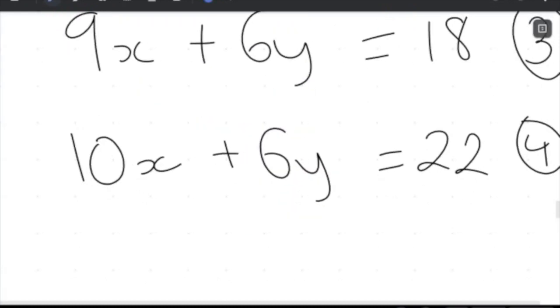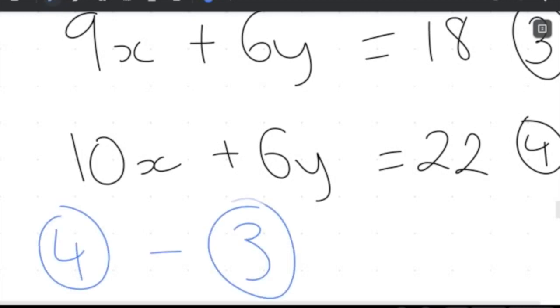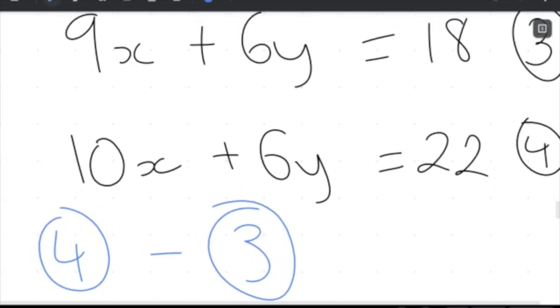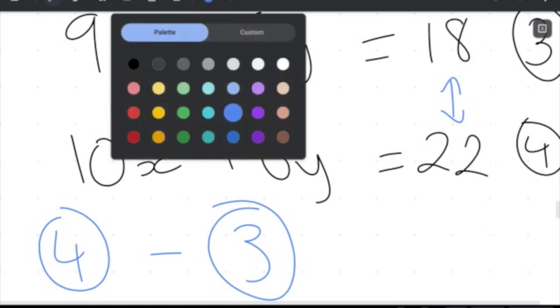So I'm going to take, for example, equation 4, and I'm going to subtract equation 3 from it to just leave me with my x's. So I have to do this operation between each of these elements in my equation.